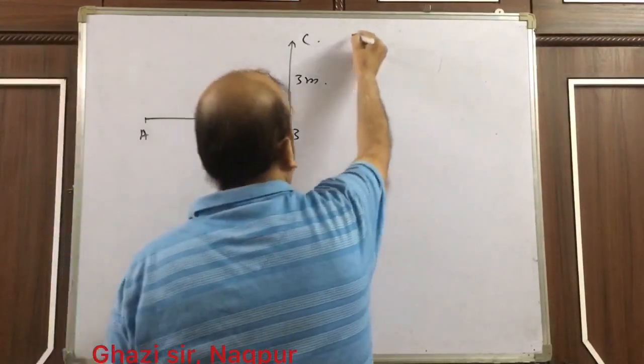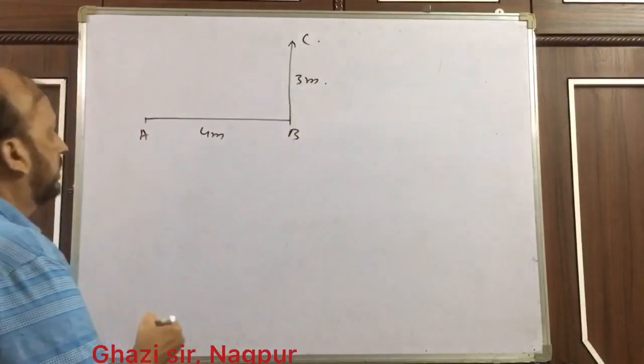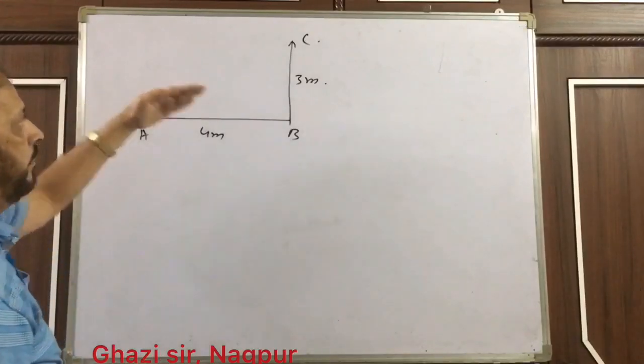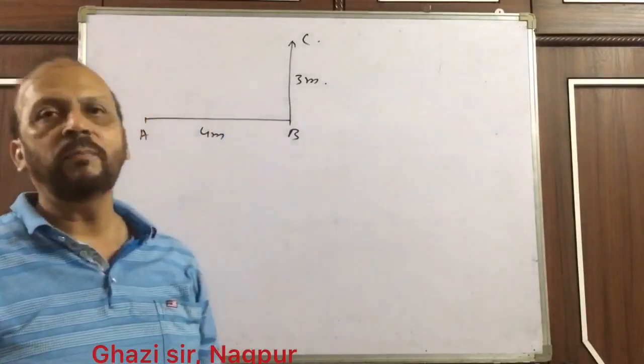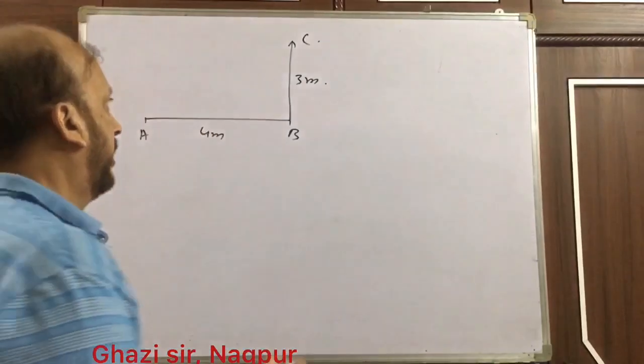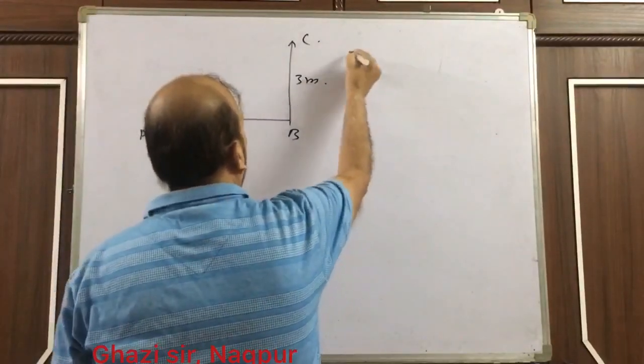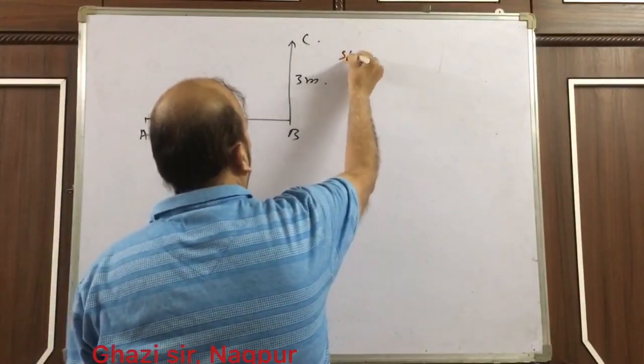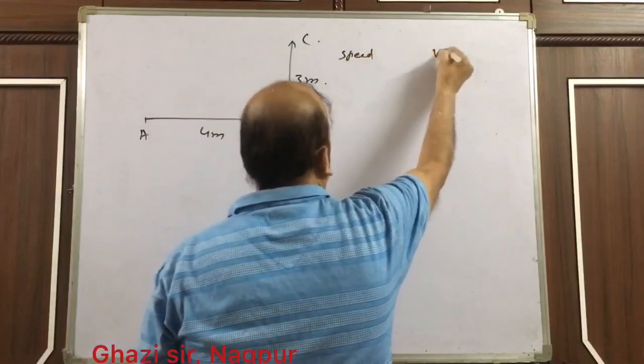Suppose the total time taken for A to B and B to C is 10 seconds. Then speed and velocity.